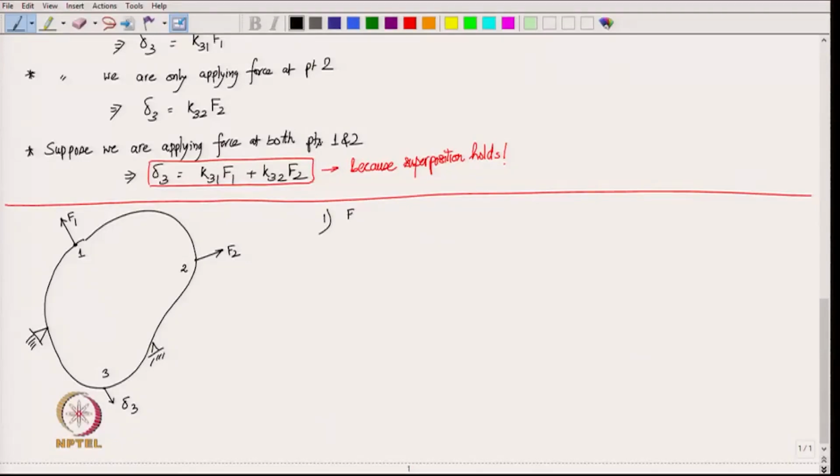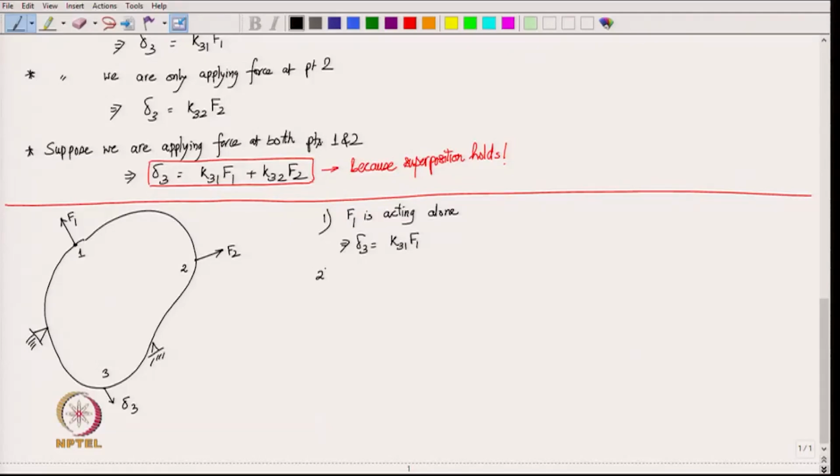In step 1, suppose only force 1 is acting. So, that means delta 3 is equal to K31 into F1, right, as we know that they are linear and K31 is the influence coefficient.